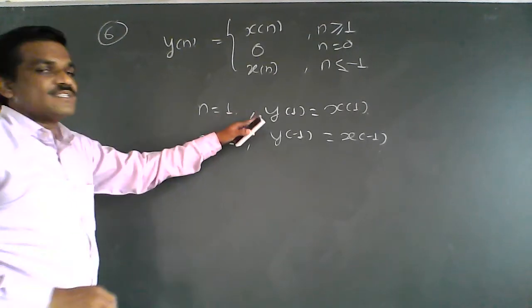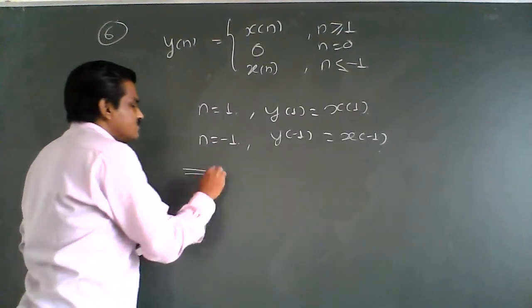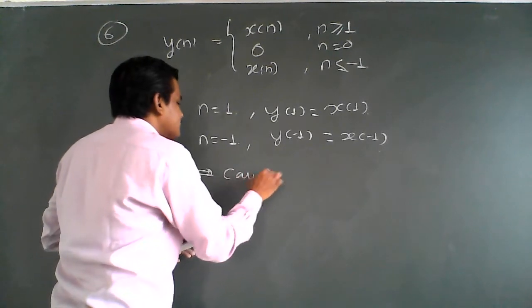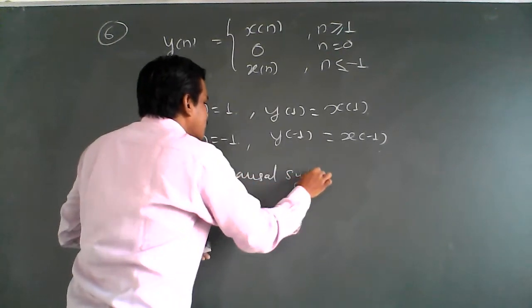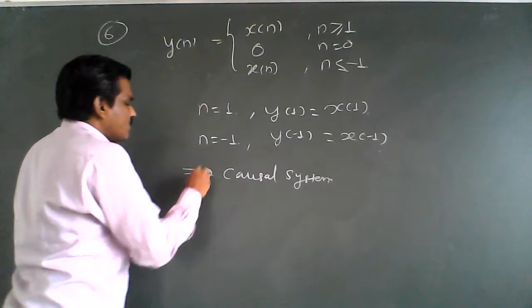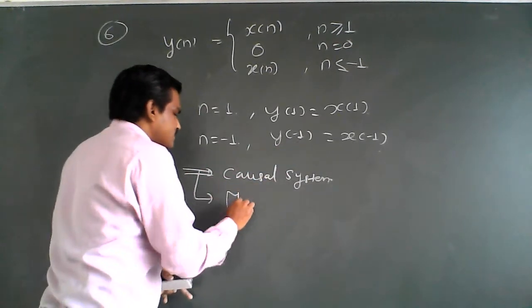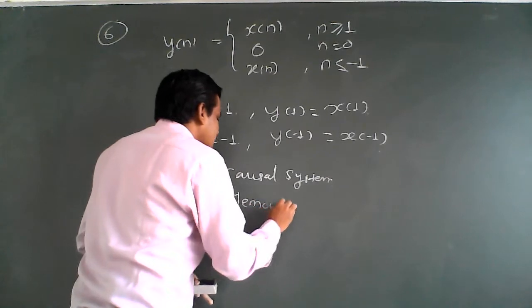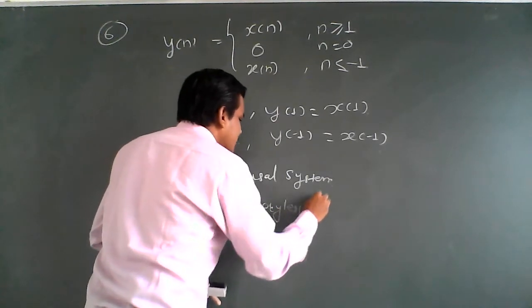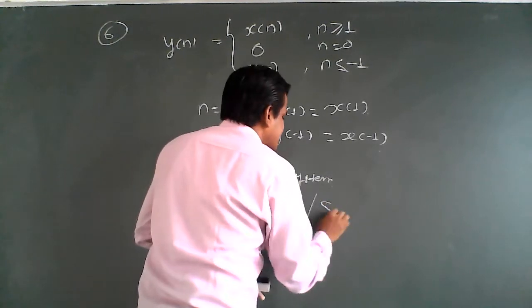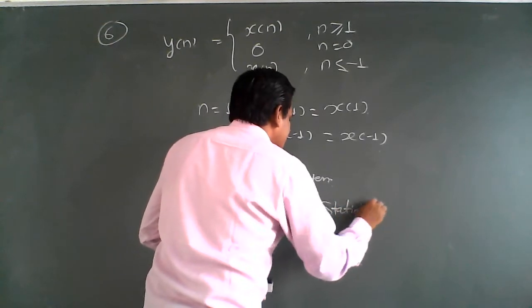So in this case, the output depends upon the present values, so we are telling this system is a causal system. Also, if it depends upon the present inputs, then we call this system a memoryless, or you can say a static system.